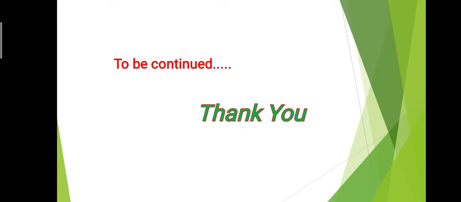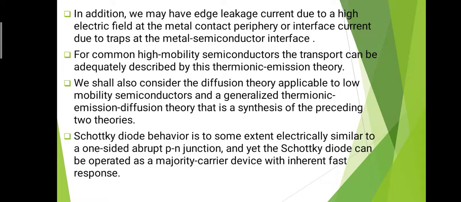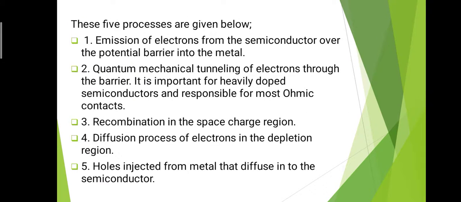So this is all about the Schottky diode advantages and disadvantages and the current transport types which take place in the Schottky diode, and generally there are five types. First is the flow of electrons from semiconductor to metal. Second is tunneling. Third is recombination in the space charge region.